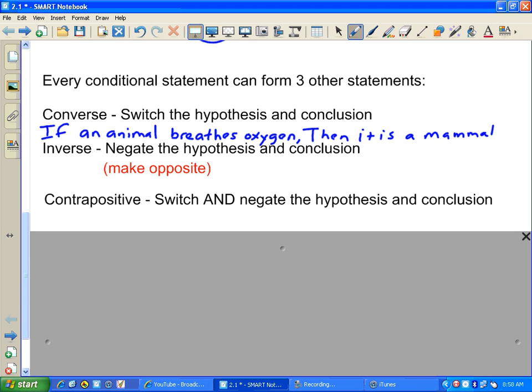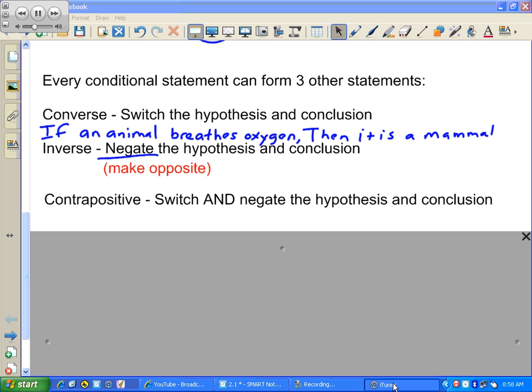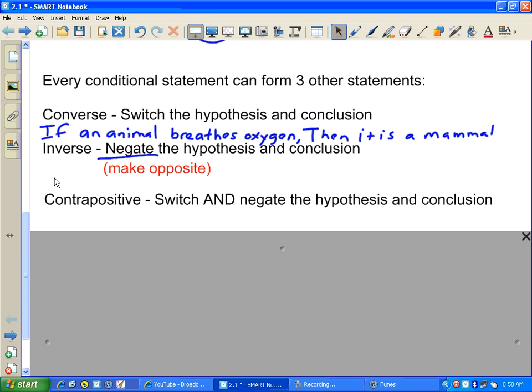The inverse, we're going to negate, which means make opposite. We're going to make these two things opposite. So it's not going to change the order, so I'm still going to have the original order of my statement.